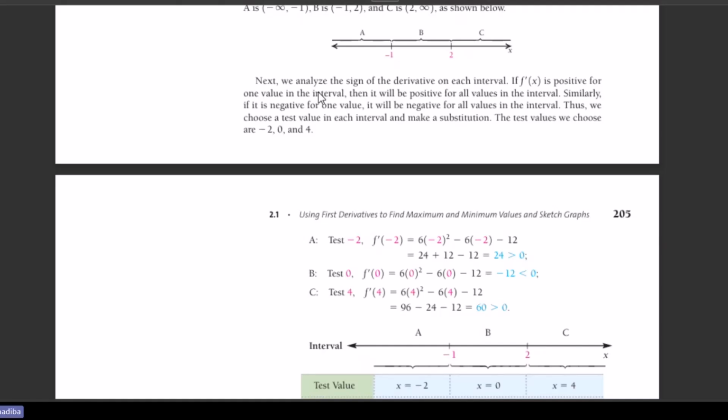This is what we refer to as a table of signs, what you just drew. Then in row 1 of this table, please write interval.